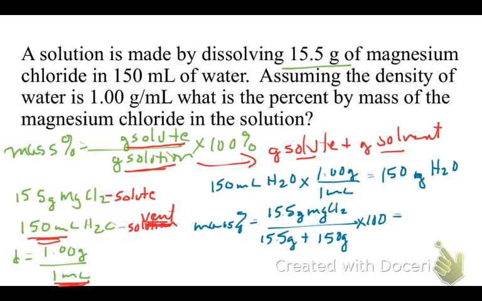Doing the math, I get 9.4% magnesium chloride solution. Okay. 2 sig figs because of the 2 sig figs on the volume given.